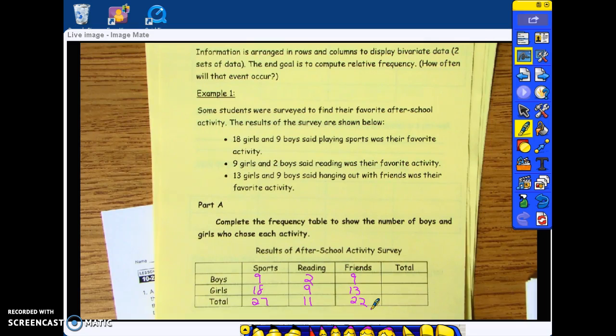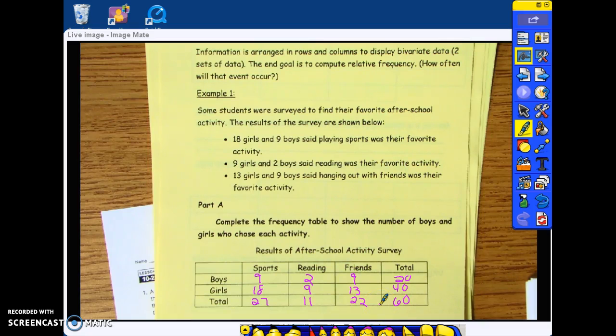And then we have a total of 9 plus 2 plus 9, which is 20 children. And then we have 18 plus 9 plus 13, which gives us 40. So we have a total of 60 kids. And we should be able to add our sports, 27 plus 11 plus 22, to get the 60 as well.